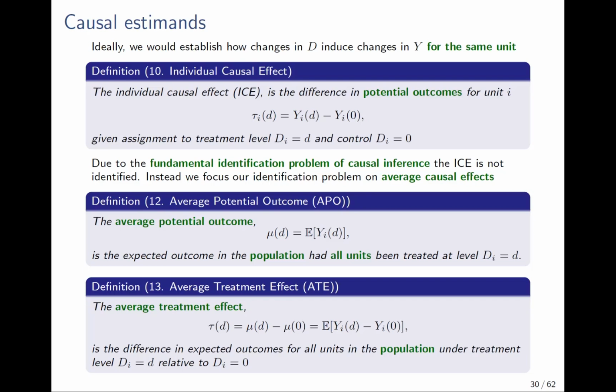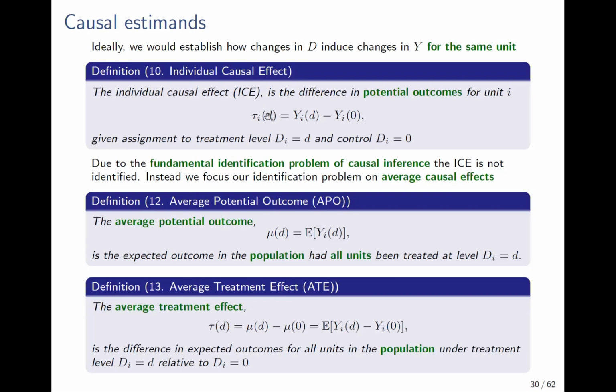The first one is called the individual causal effect, or the ICE. Now ideally, if there wasn't a missing data problem, we would establish how changes in treatment induce changes in Y for the same unit. And this is called the individual causal effect, and it's defined here as the difference simply between two potential outcomes for unit i. So notice that the tau is the symbol that we use for the treatment effect.